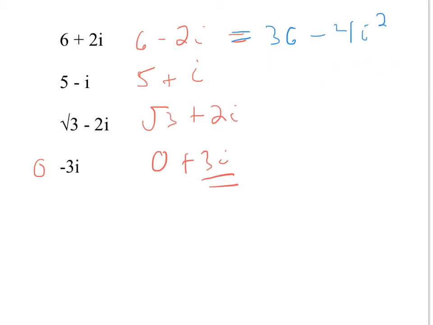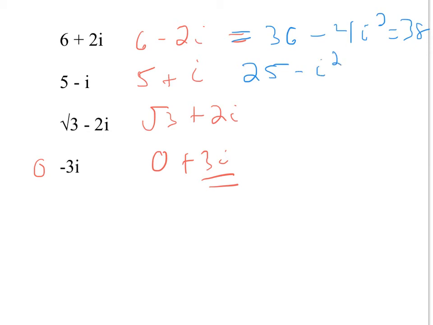So 36 minus 4i squared, well, I squared is negative 1. So 36 minus negative 4 is 36 plus 4, which equals 38.